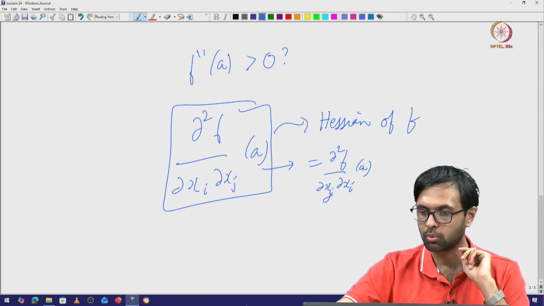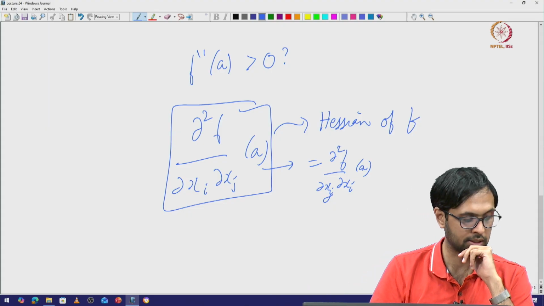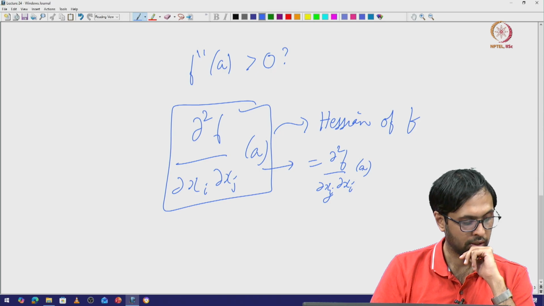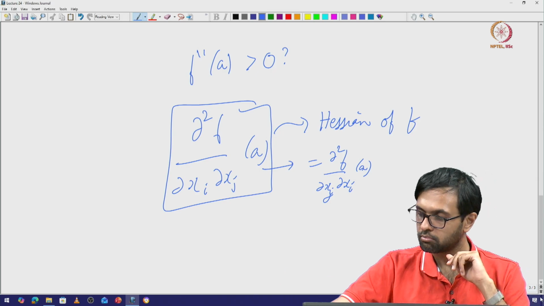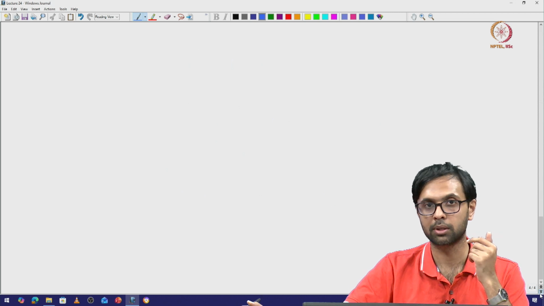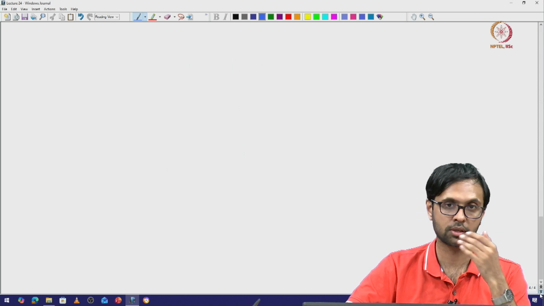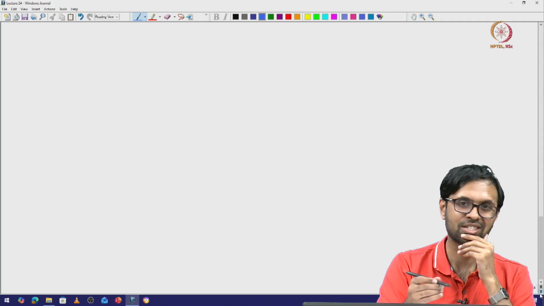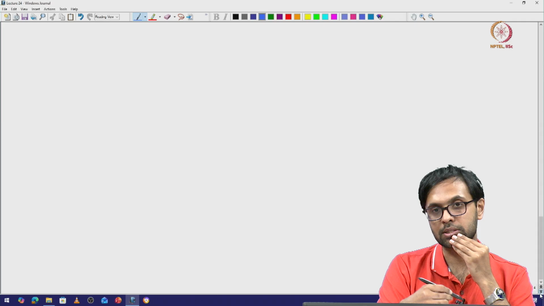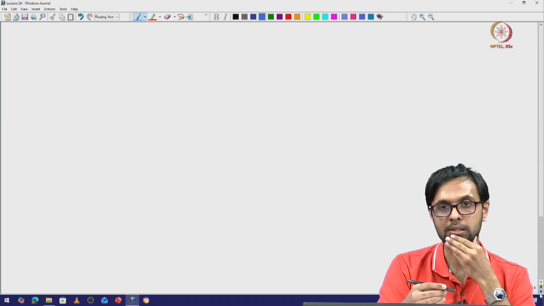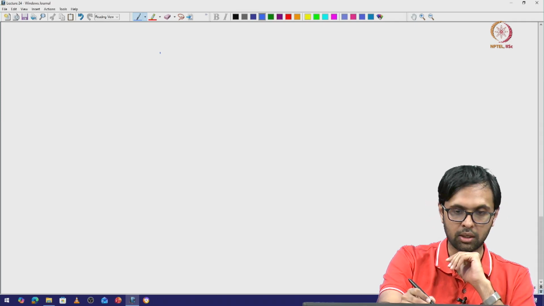In what sense do we want it to be positive in the first place? Before we go to the statement of the multivariable second derivative test, here is a strange phenomenon that occurs in multivariable calculus but does not occur in single variable calculus. So take this example.